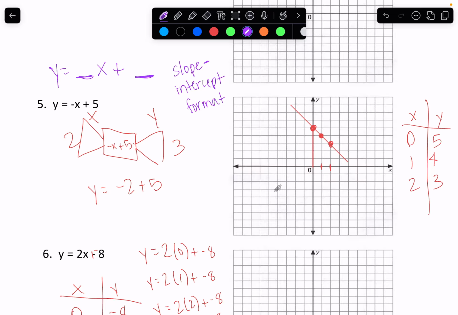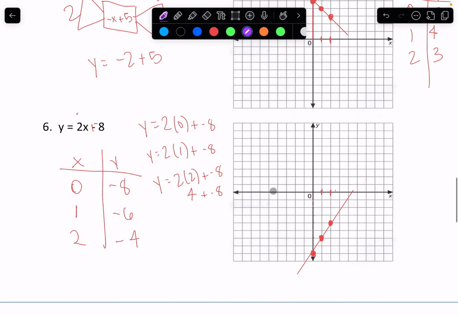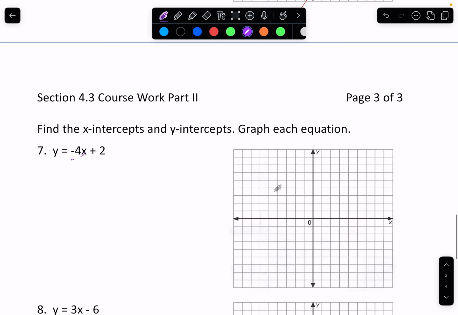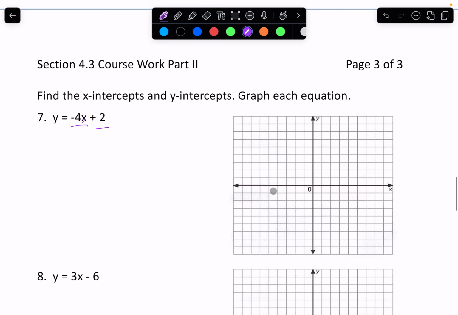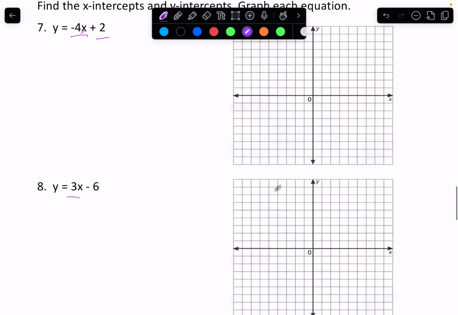This equation has a special name. Y equals something x plus something. Y equals -1x plus 5. Y equals 2x plus a -8. Y equals -4x plus 2. Y equals 3x plus a -6.